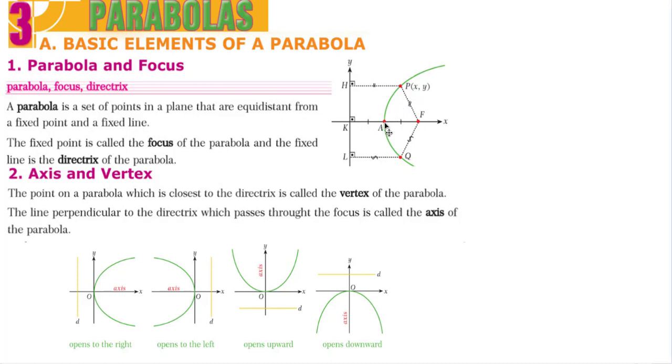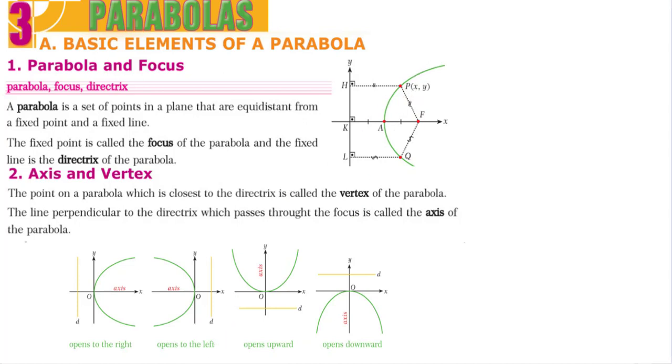As you see, any point chosen on the figure, here the green one is the parabola, is equidistant to the directrix and the focus point. Here AK is equal to AF, QL is equal to QF.